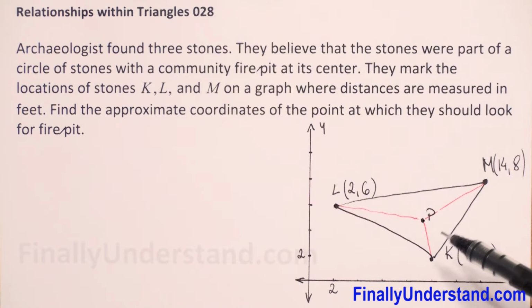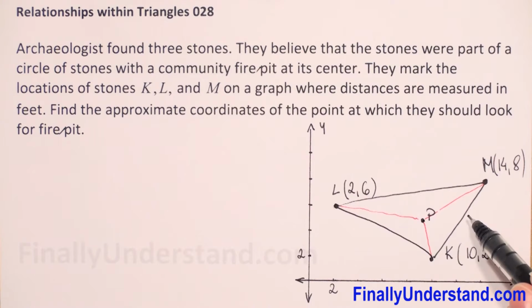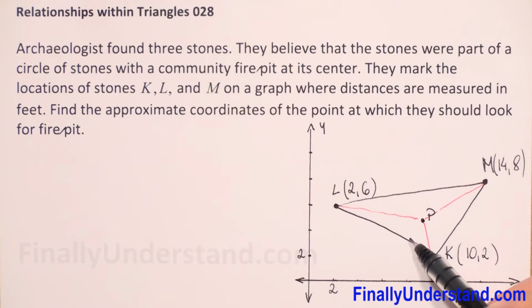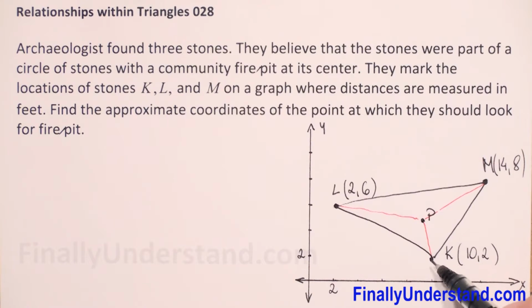So I will only find midpoints of sides KL and KM, and then I will find the perpendicular bisectors of these 2 sides, and when I have these perpendicular bisectors, I will find the coordinates of point P. So first I will find the midpoints of segments KL and KM.